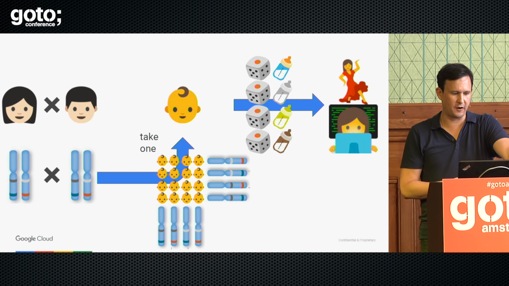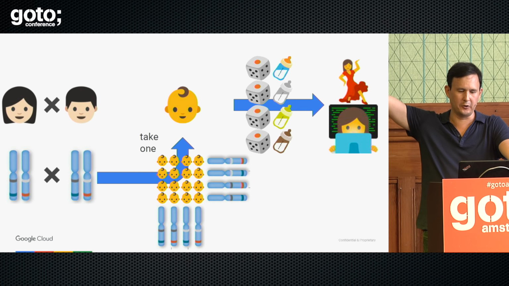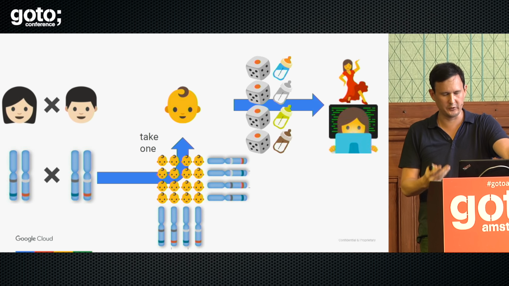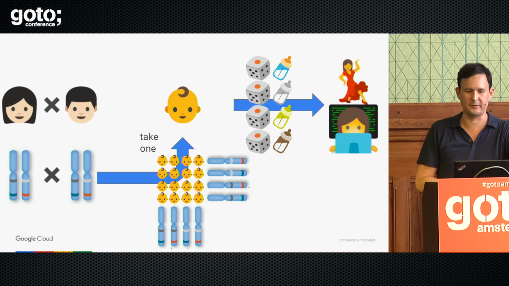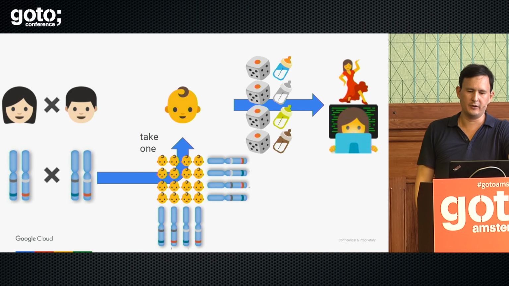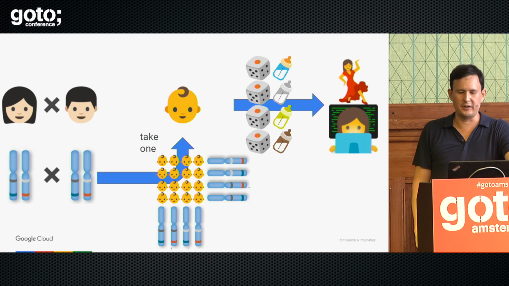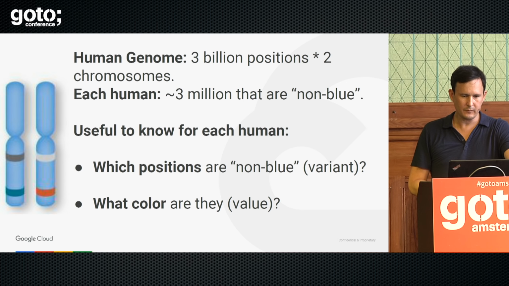So effectively we can choose all possible combinations of pairs from the mother and the father. That produces some grid of children that are being sampled from for any given child, only one, unless you're dealing with identical twins or triplets or something like that. And then that goes down to the next level, where you apply the environment to get some downstream phenotype.